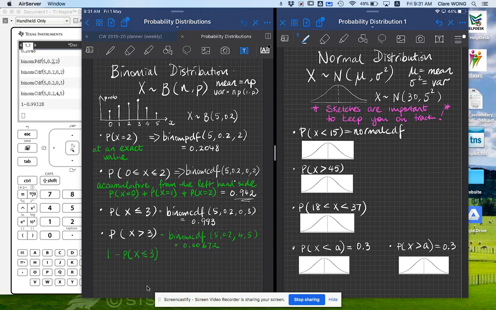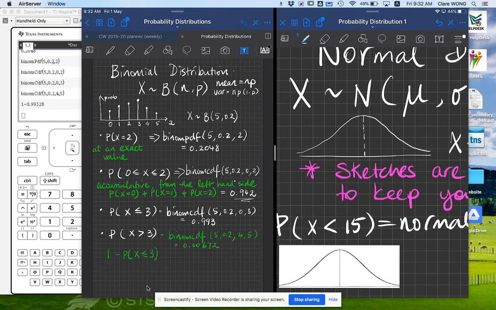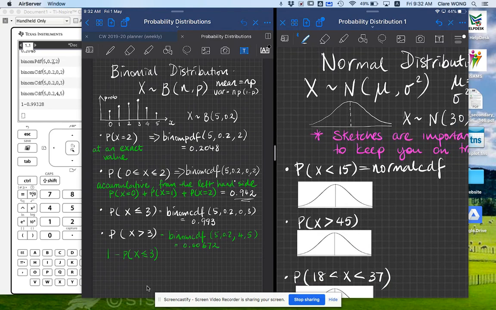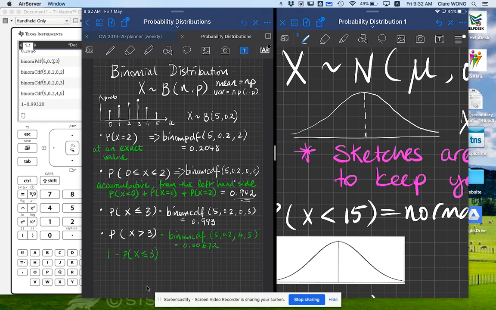When you do normal distribution questions, it is very important to sketch. So always sketch a bell-shaped curve. It doesn't have to look very neat and tidy, but the more you practice, it gets better. Now, if you have this distribution, you can enter the details on your bell-shaped curve. We know that the mean is 30. The standard deviation is 5.